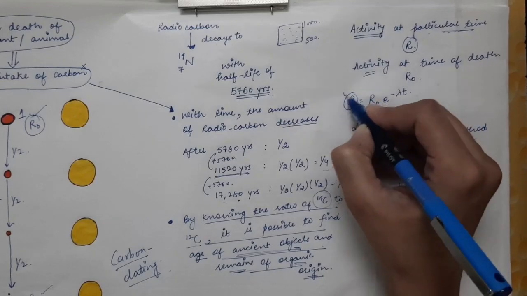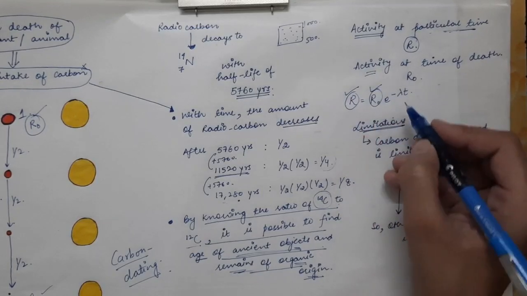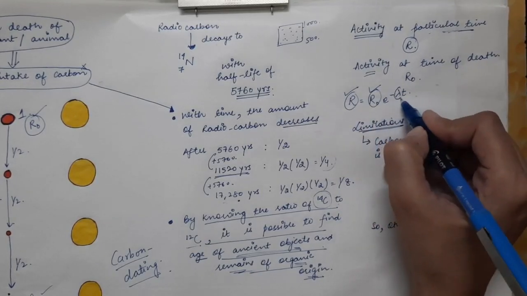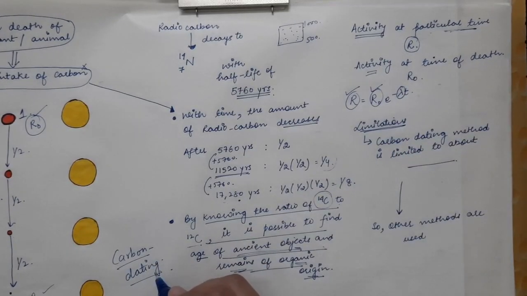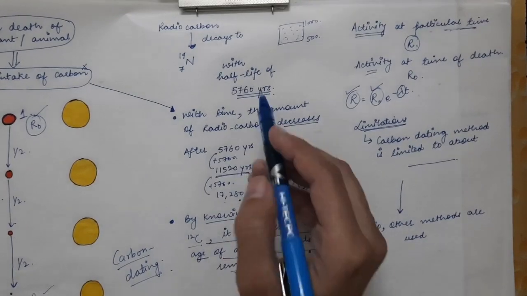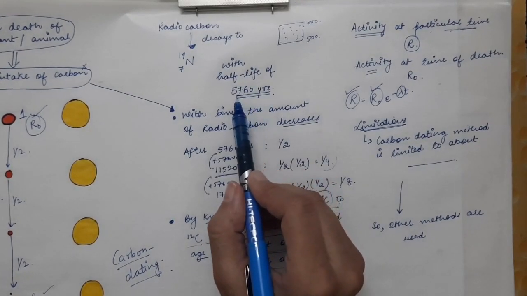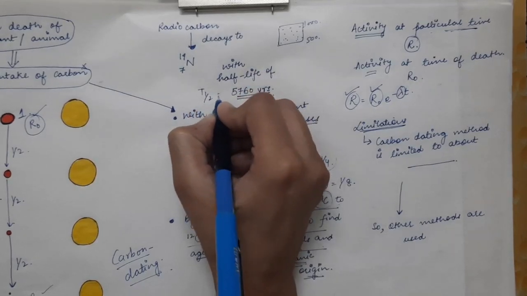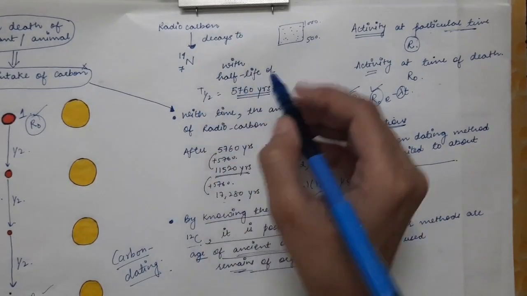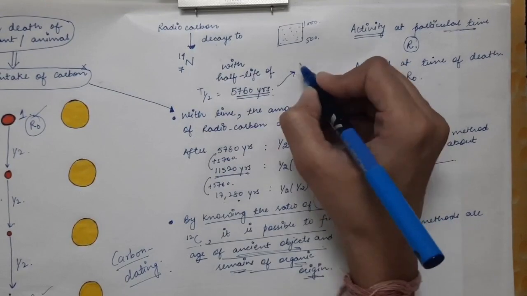If you know capital R and you know R0, and lambda is also known to us because we are using carbon dating, that is, radioactive carbon. The half-life of radioactive carbon is 5760 years, and from this number we can find lambda.